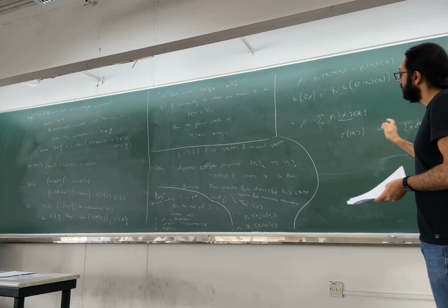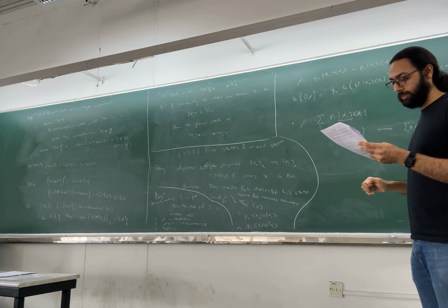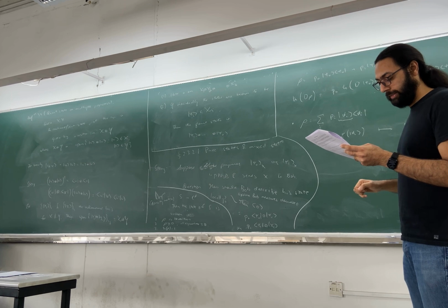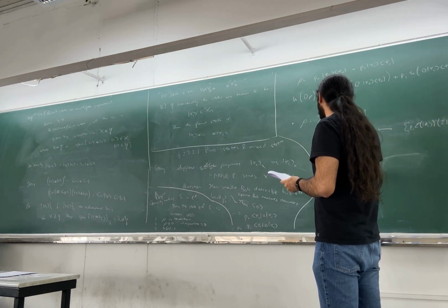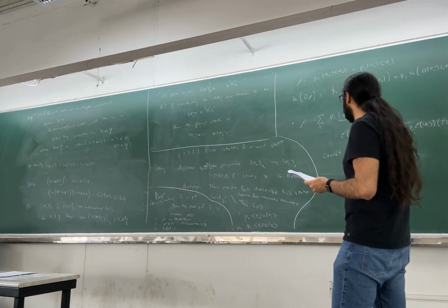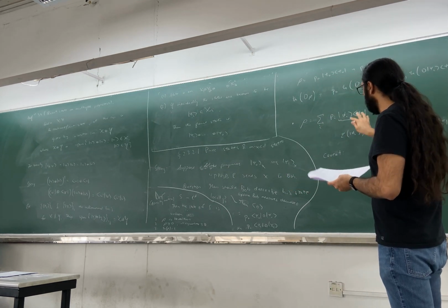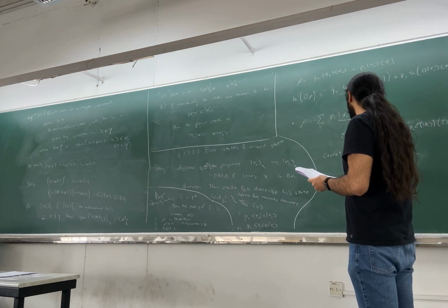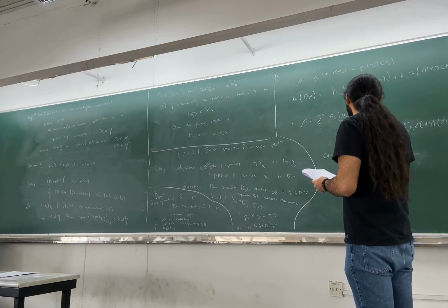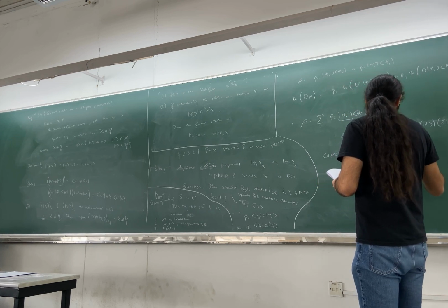So you don't really need to change anything once you know how the thing happens on individual systems. But there is a little caveat. The caveat is that density matrices do not admit a unique decomposition.